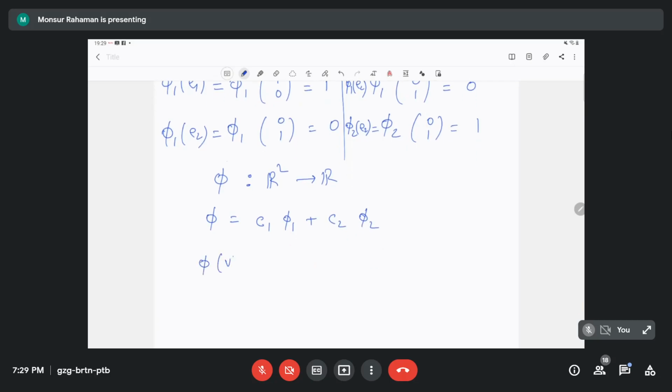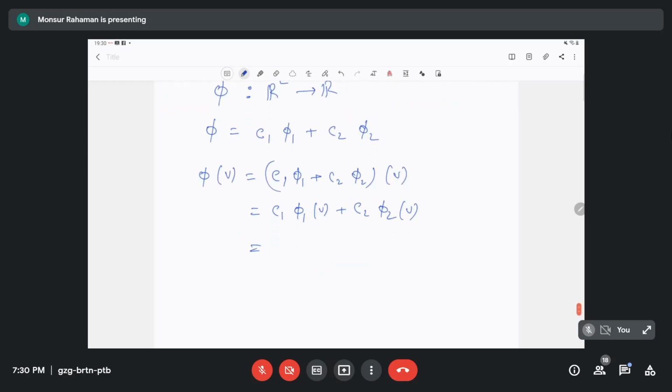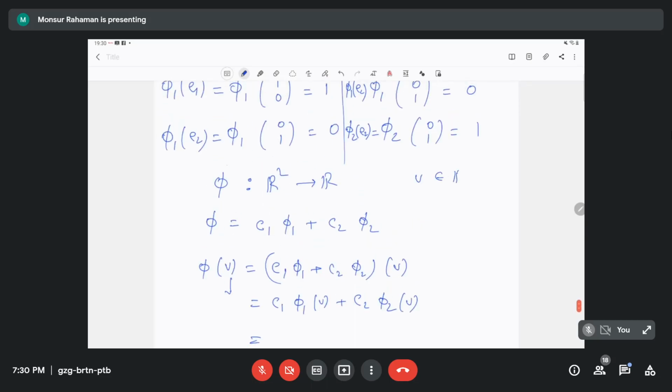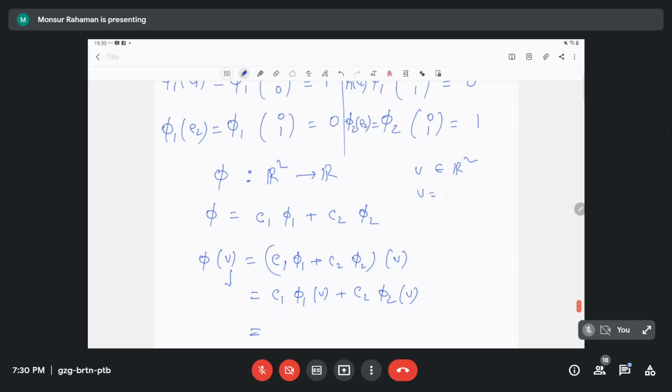Because you know that phi of V is equal to C1 phi 1 V plus C2 phi 2 V. Okay, and because this V is a vector of R2, it can be expressed in terms of (1,0) and (0,1). So V can be written as, let's say, D1 (1,0) plus D2 (0,1).